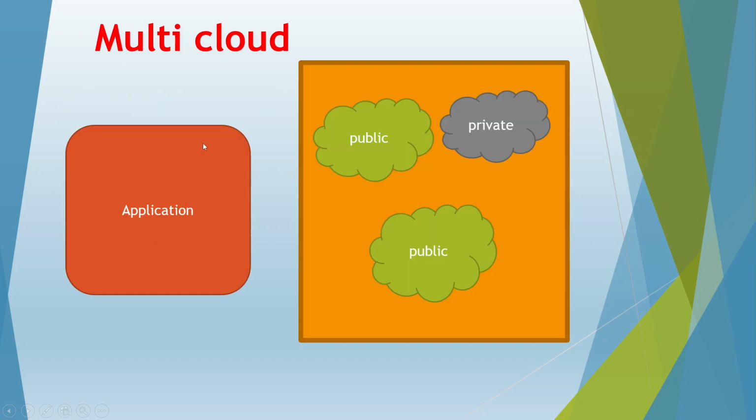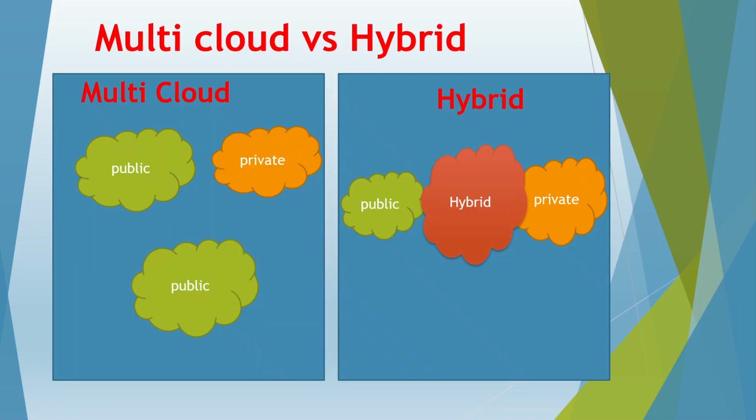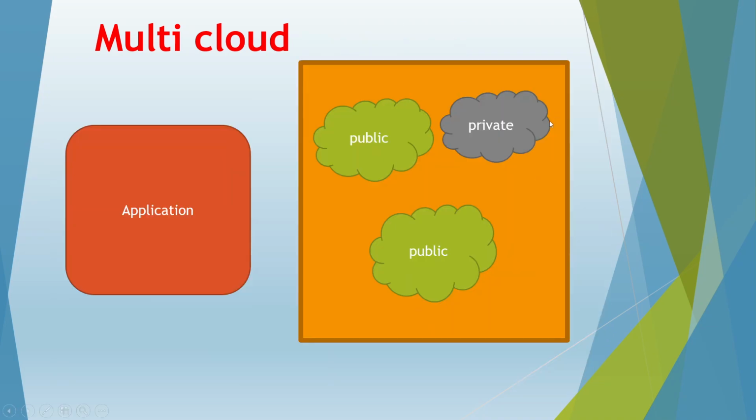So your application can be deployed to any of the cloud deployment models, like public cloud. It can have another public cloud from another vendor. You can also use a private cloud from another vendor, like three different cloud service providers giving you three different cloud deployment models. So you can deploy all the personally identifiable information related applications in the private cloud.